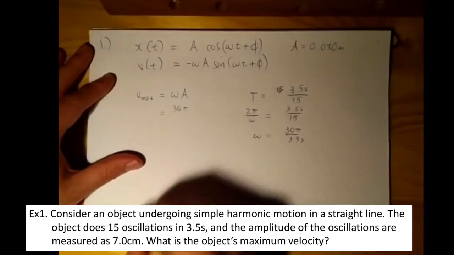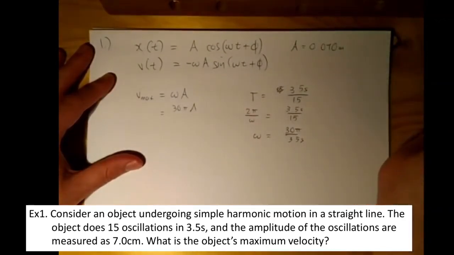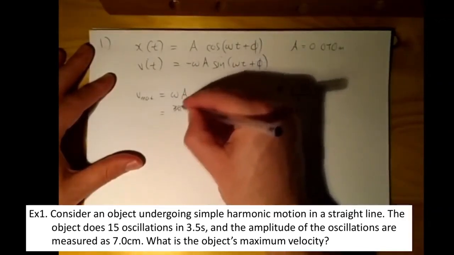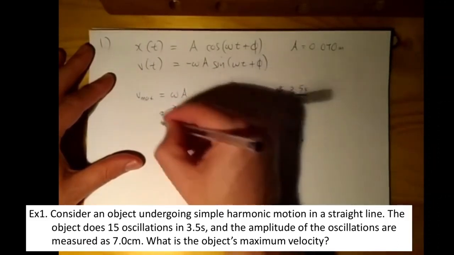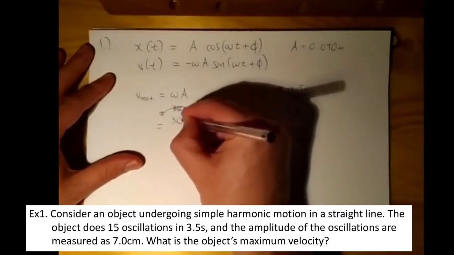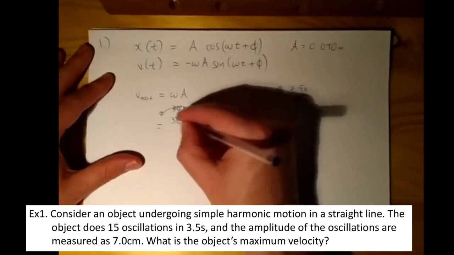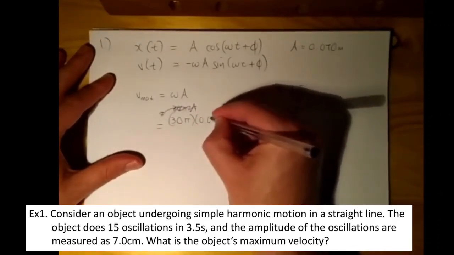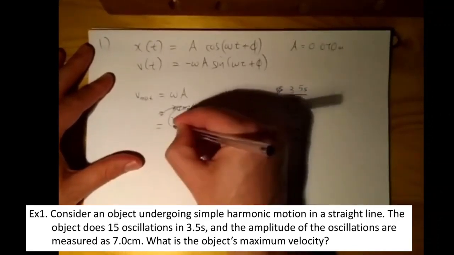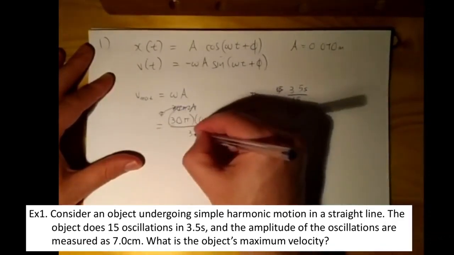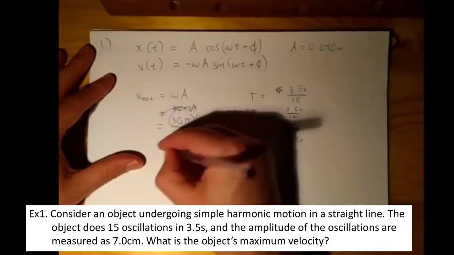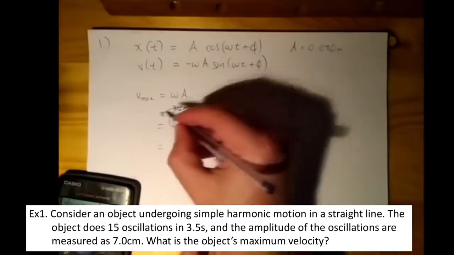V max equals 30 pi times 0.070 meters over 3.5 seconds, and that we can calculate.